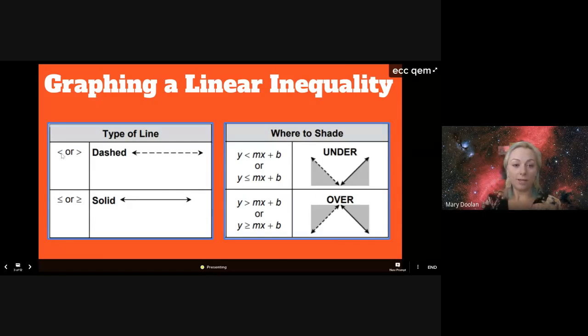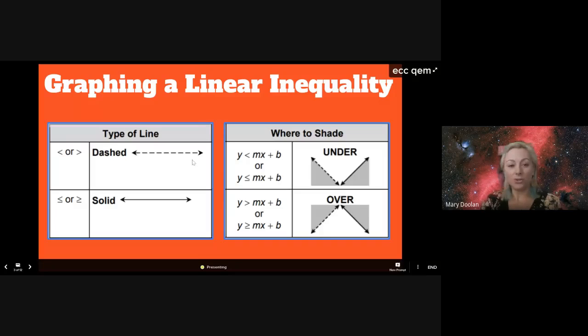If we don't have any part of the equal sign and we have just the less than or the greater than symbol, this is when we're going to use a dashed line when we graph, okay, because it's not including that equal sign or equal to, so we can't include it. So it's dashed to show that we don't include it.